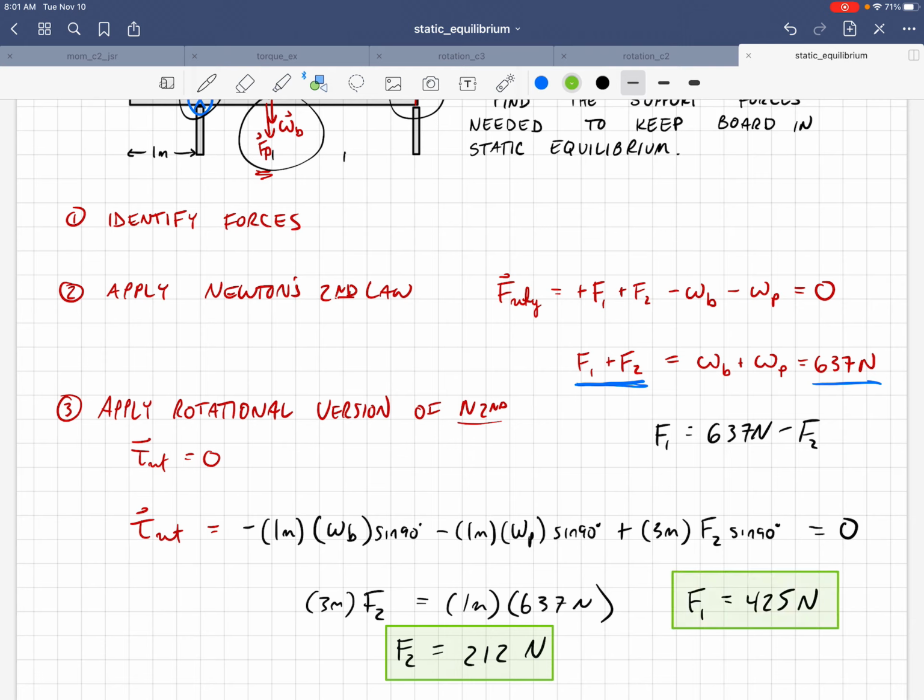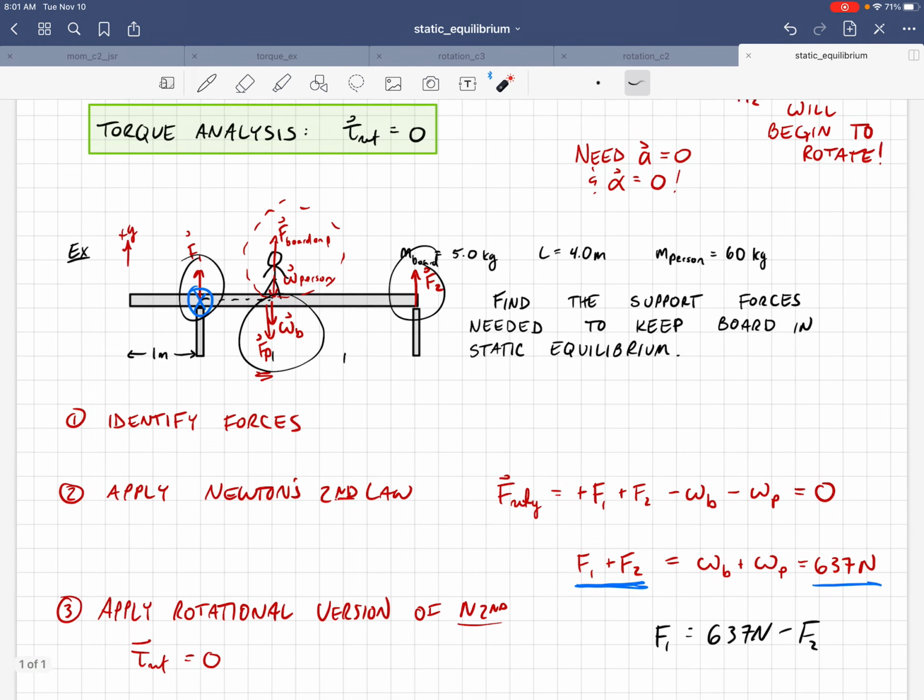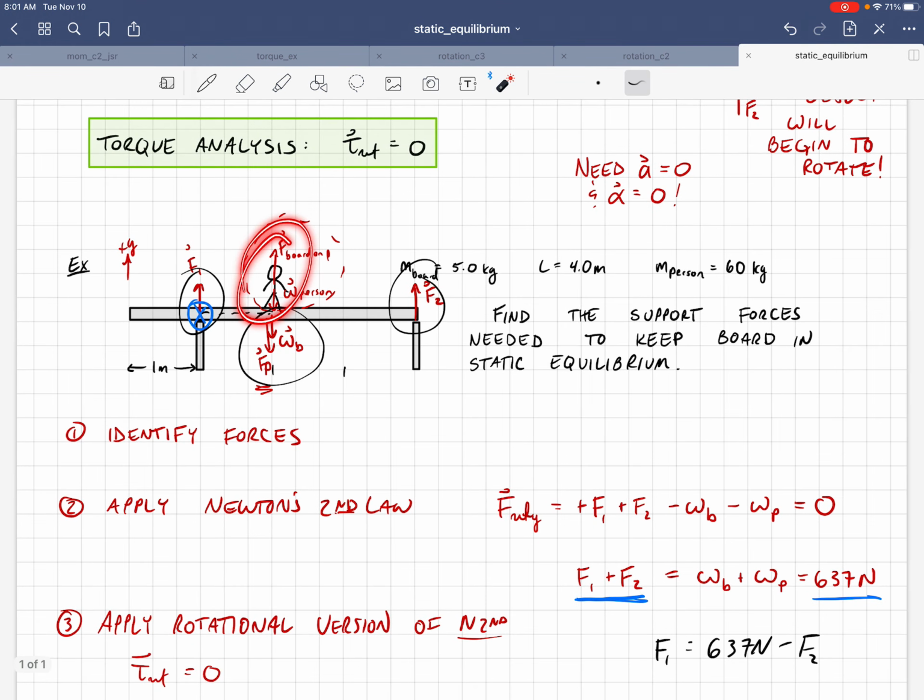And if we think about this result, we've got the left support providing a greater supporting force than the right support. You look at this, and the person and the weight of the board is closer to the left support than the right support, so that makes sense that this support would be providing more support force.